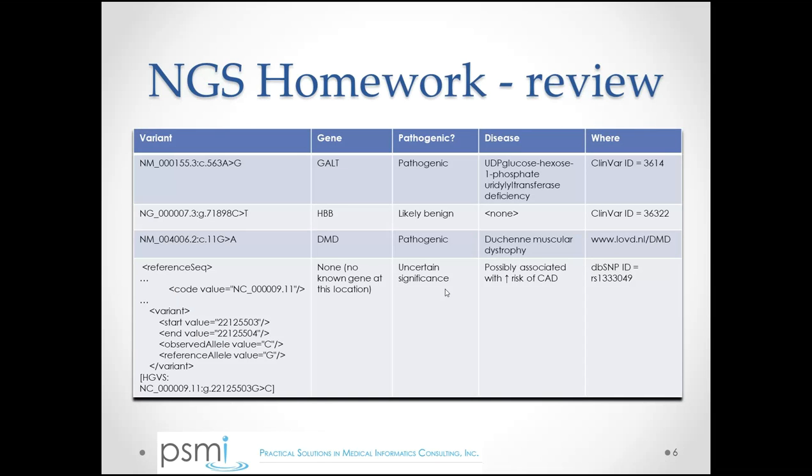And maybe to push it a little bit farther, sometimes when you see a statistical association between a SNP and a disease, it's not necessarily the case that the SNP is anything more than just next to the region.